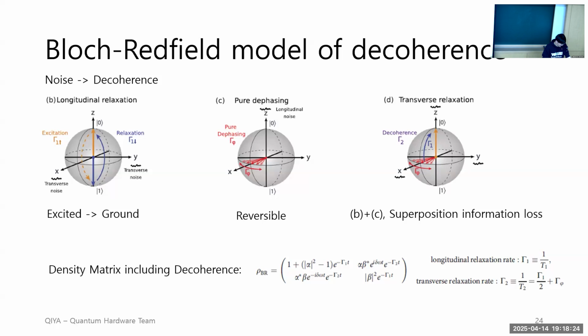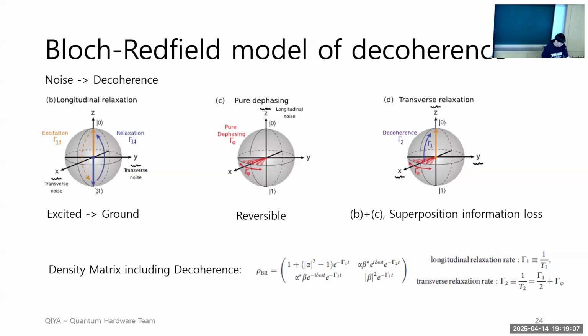So we can construct this density matrix including decoherence. We can insert this term and this term in the density matrix. We can easily find that the 0-0 element is exactly the same as in the original density operator. And the diagonal term gradually decreases due to longitudinal relaxation, because nature wants to go to the lower state.